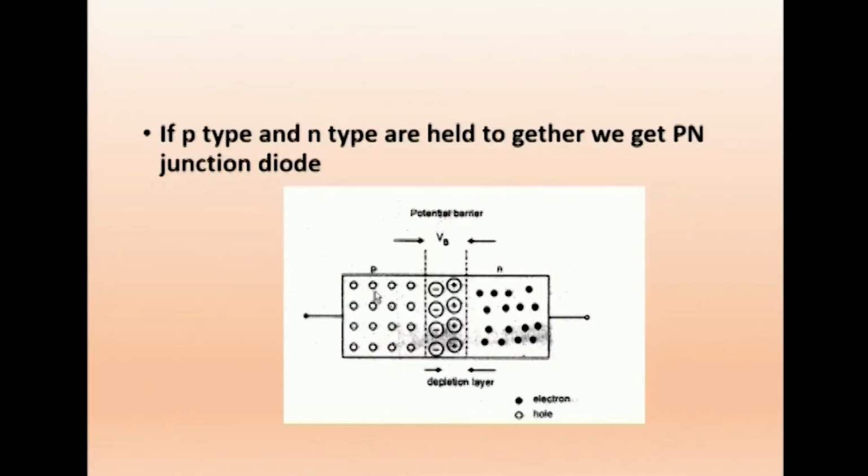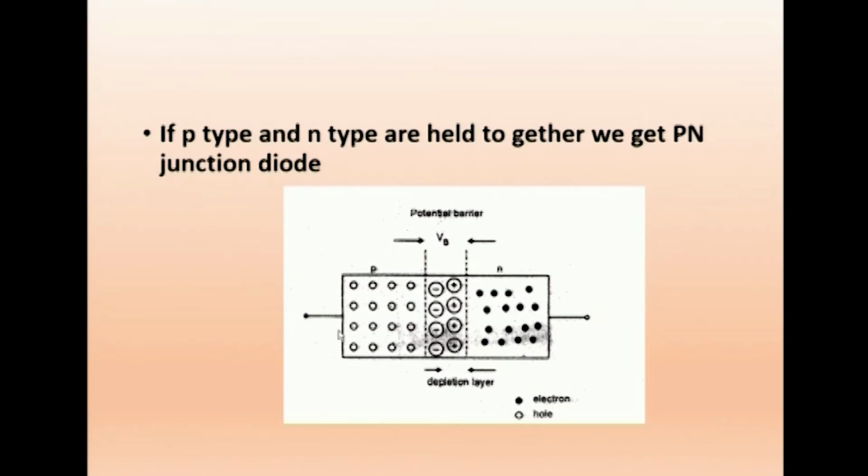So we will just go back to the diagram to explain. Here this is P type, all the holes here are called majority carriers, and here we have a small number of negative charges, these are called minority carriers. Similarly here we have a large number of electrons, they are majority carriers, and here the small positive charges we get are called minority carriers.